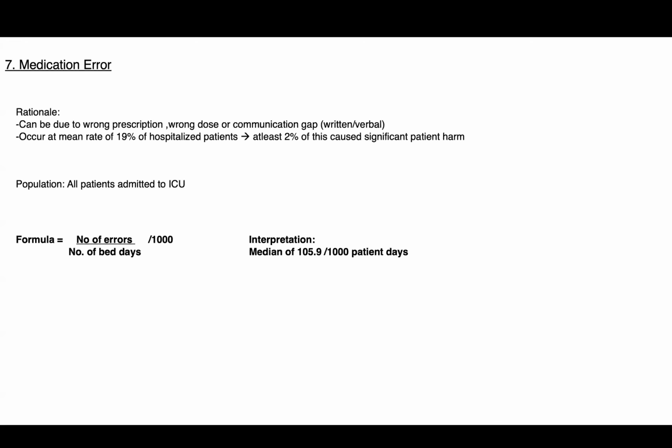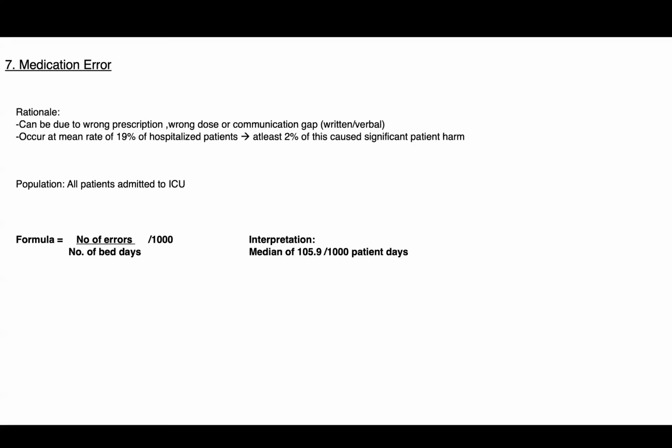So it again includes all patients admitted to the ICU. The formula is number of errors by the number of bed days. The number of bed days, like I told, is by the formula which I told earlier for the length of stay. The number of patients who are admitted to the ICU are taken at the midnight census. At the end of the month, the sum of those beds are taken and calculated for that number of days.